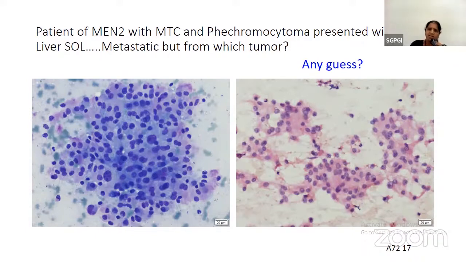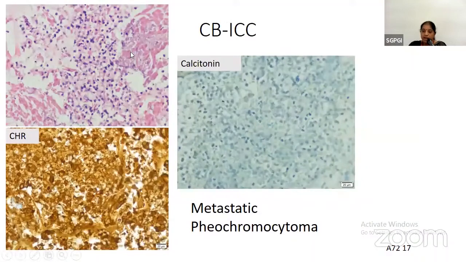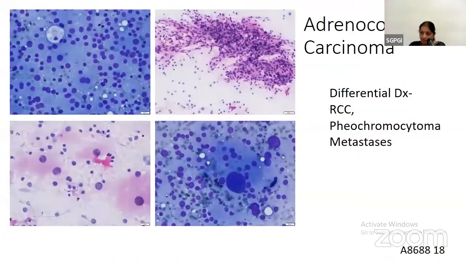Our success rate as far as cell blocks from FNAs are concerned, we haven't really looked at it, but generally I can say to the extent of 80 to 85% we get decent cell blocks, and quite cellular ones in more than 50% of the cases. So here we had the cell block, and it was negative for thyrocalcitonin. So this was proven to be a metastasis from the pheochromocytoma. It was so important from the clinical management perspective.